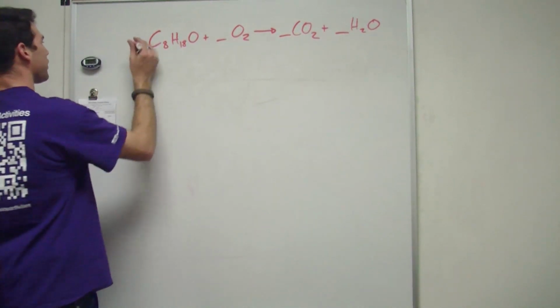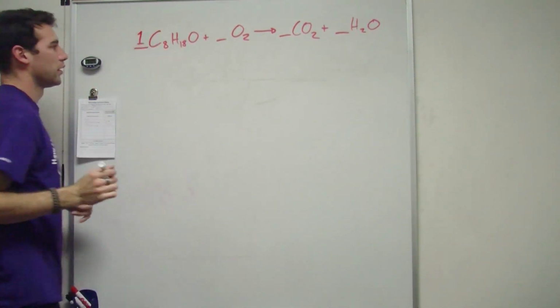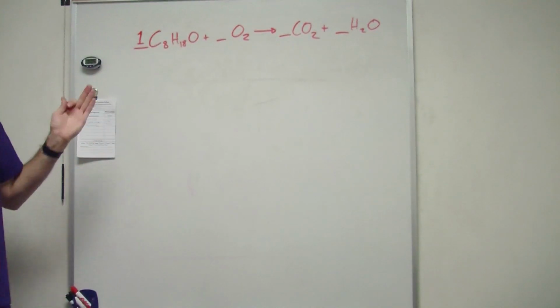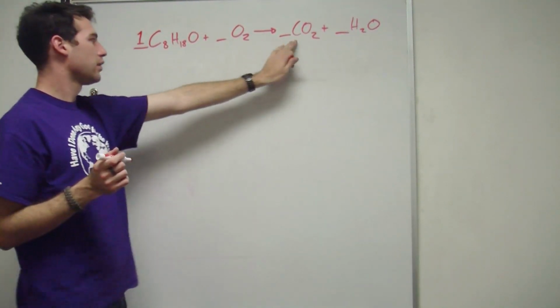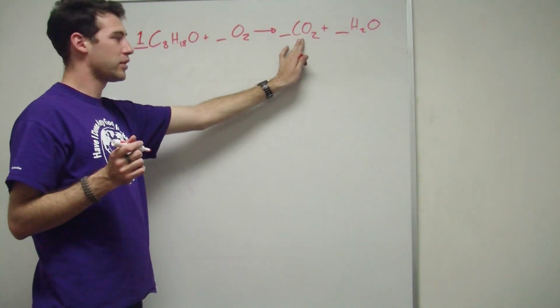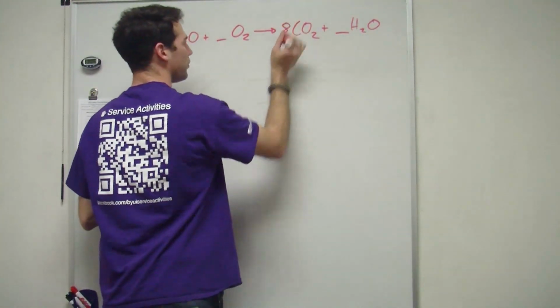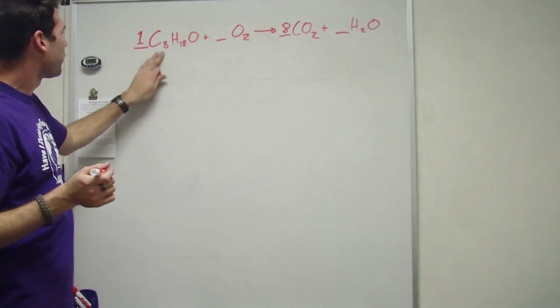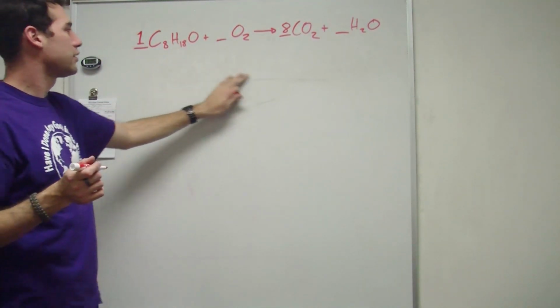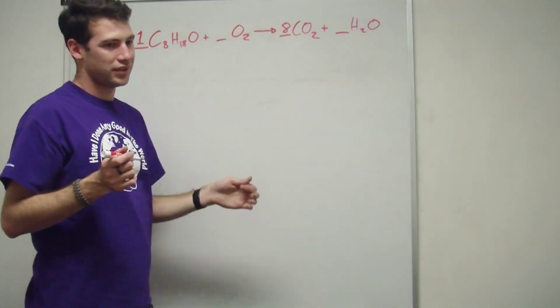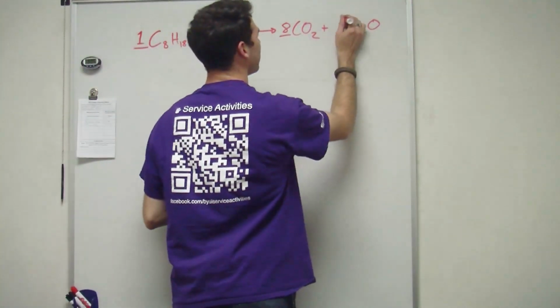Let's say that we start off with 1 C8H18O. If we have 1 C8, that means we have 8 Cs. Here's a source of 1 C, so we put the 8 there. Then we have 1 source of H18, so 18 H's, H2, so 9. We're going to put a 9 there.